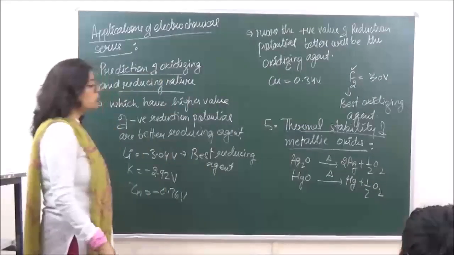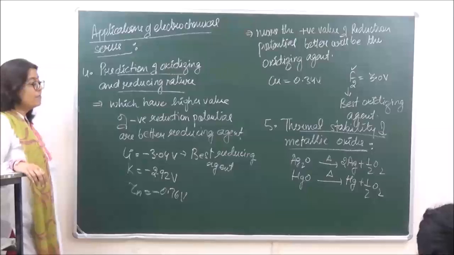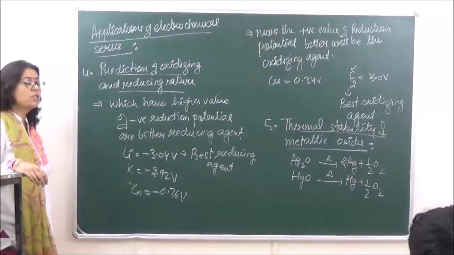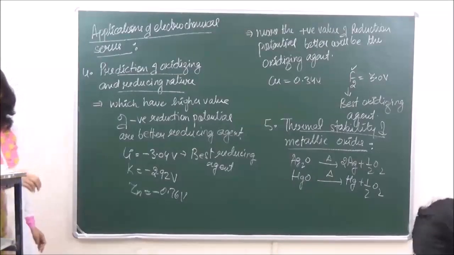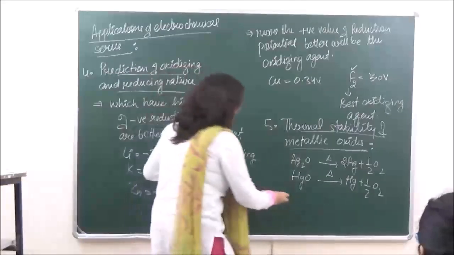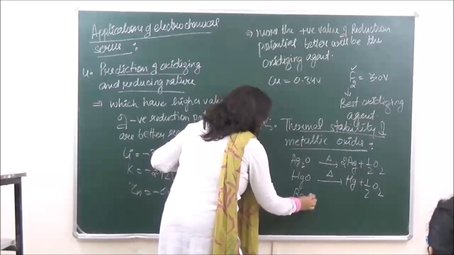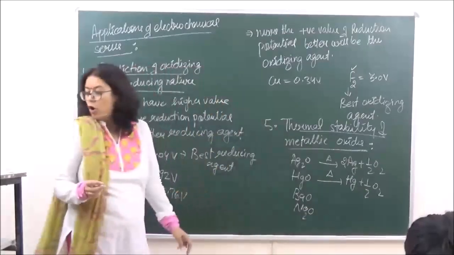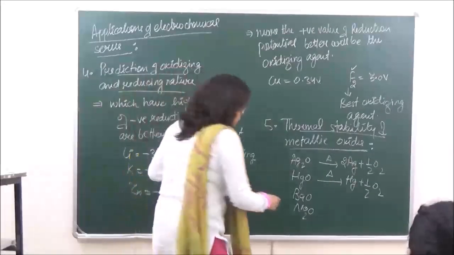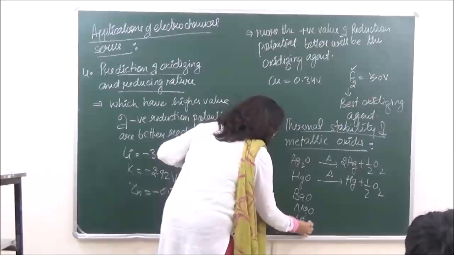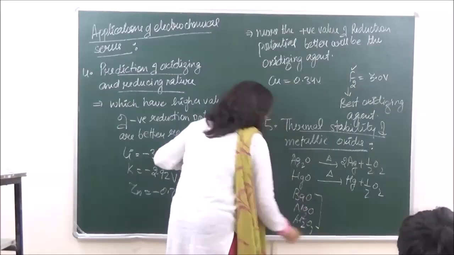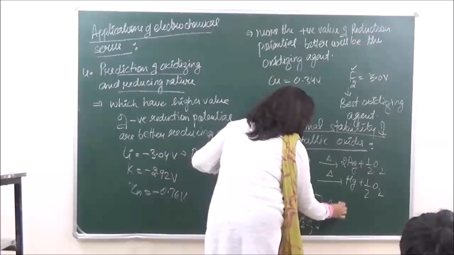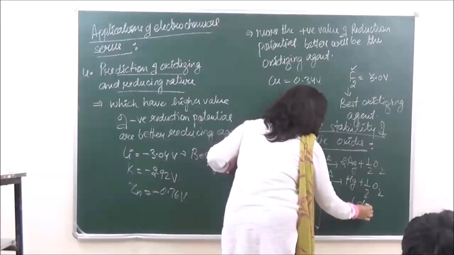But all those metals which have a negative value of reduction potential, their oxides are quite stable. For example, if we are taking barium oxide, sodium oxide, or aluminium oxide, all these do not decompose on heating.